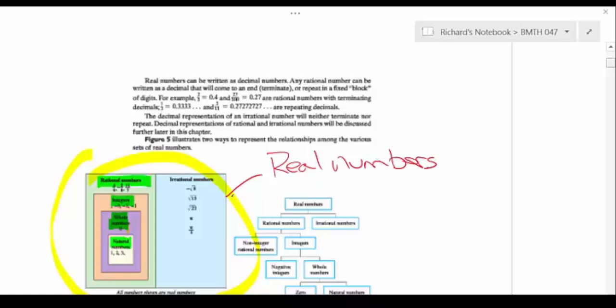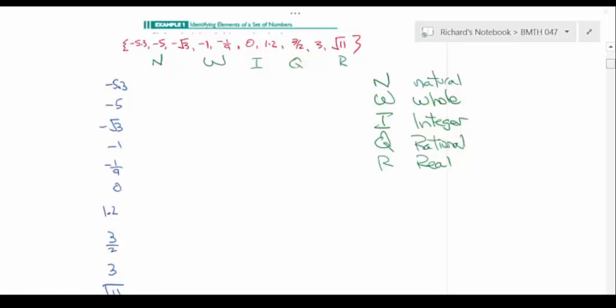And what you need to be able to do is sort numbers and determine what sets they belong to. So I've got my first example, identifying elements of a set of numbers. I've written the elements of the sets that I'm going to try to categorize at the top here, and then I've gone across the page.